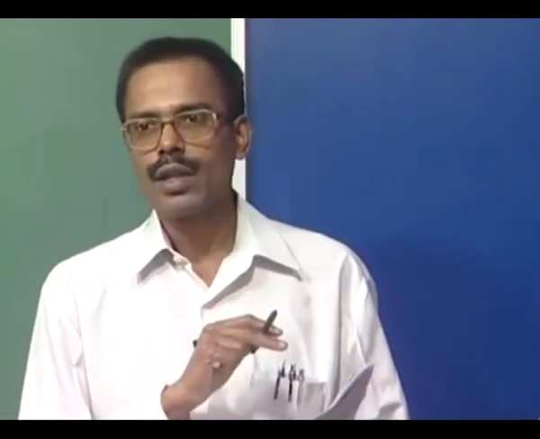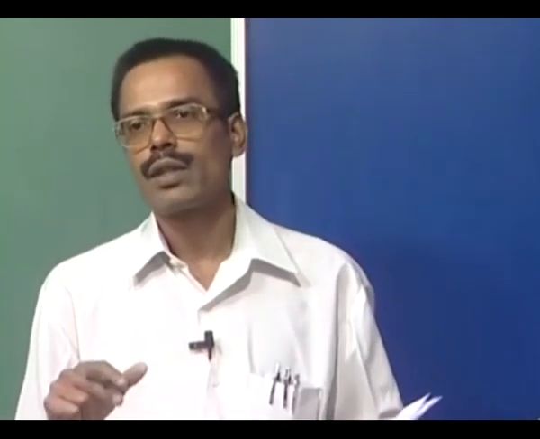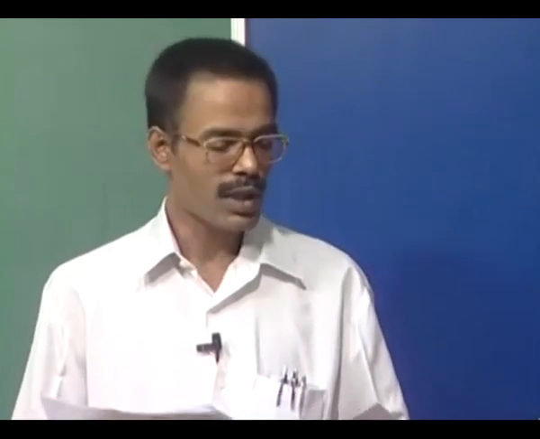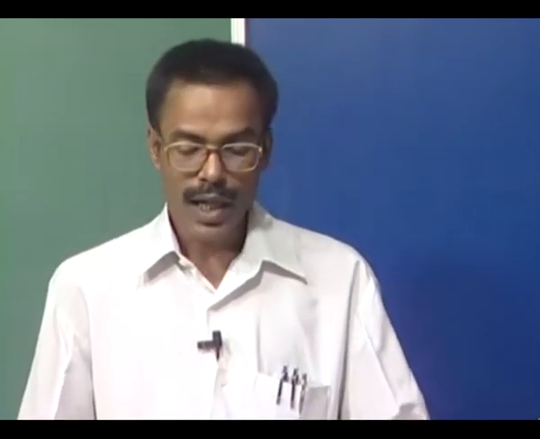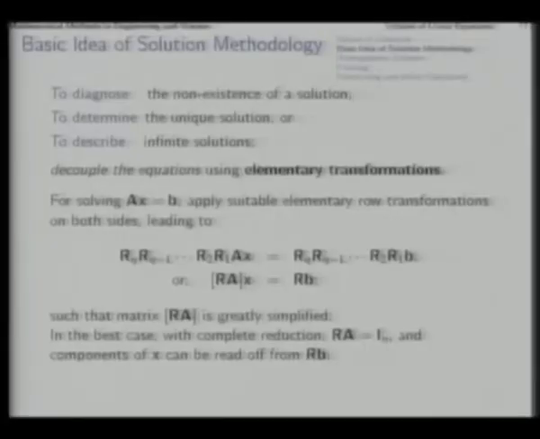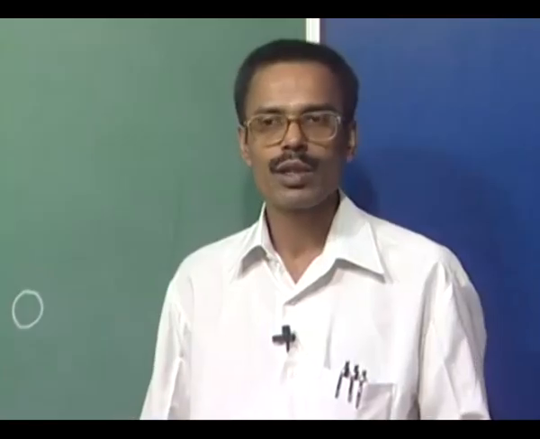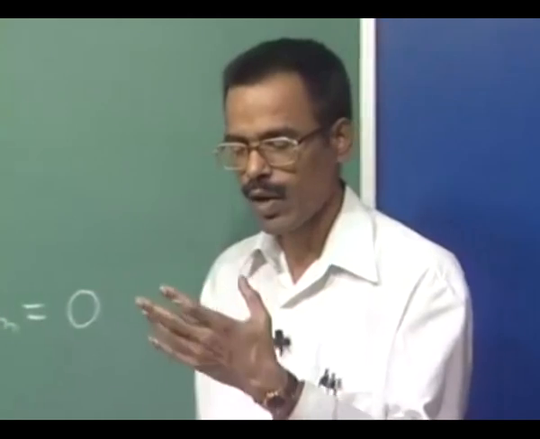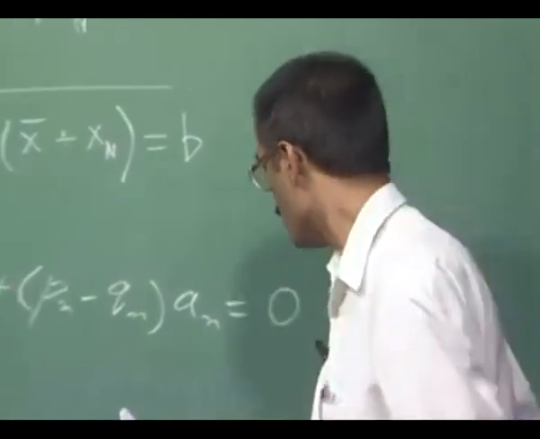The immediate task is to characterize the case of infinite solutions, in which the matrix A has a non-trivial null space. For that purpose, let us first see the elaboration of the scheme which we utilize, and then we will talk about the formal structure of the method.